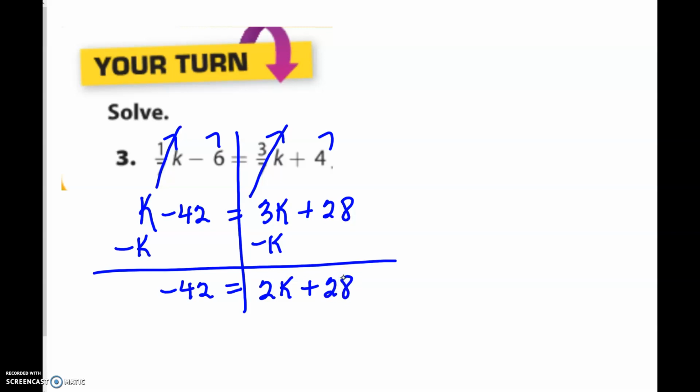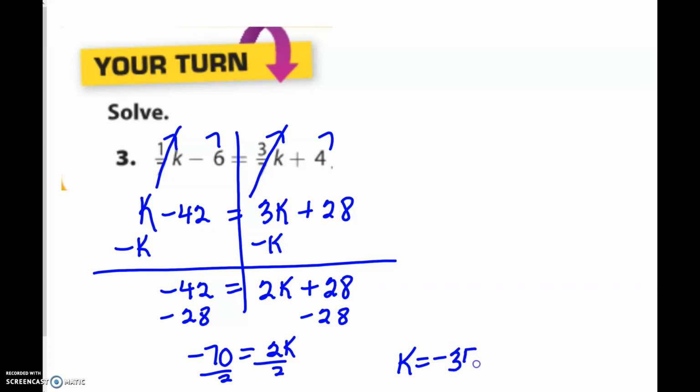We've got a 2 and a 28, so I'm going to subtract 28 from both sides. So what's that? 40, 50, 60, 70. So negative 70 equals 2k. Now we're going to divide both sides by 2. And it looks like k is going to be equal to negative 35.